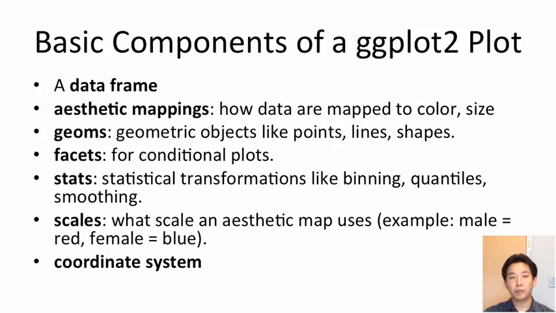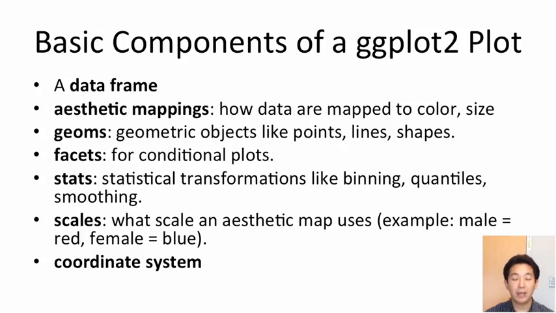Facets are used for conditional plots. Typically you want to have multiple panels of plots that show the relationship of something as a third variable changes. That's a facet. And then stats are statistical transformations like smoothing, binning, quantiles, regression, things like that. Scales define how the different variables are coded in terms of the plot.